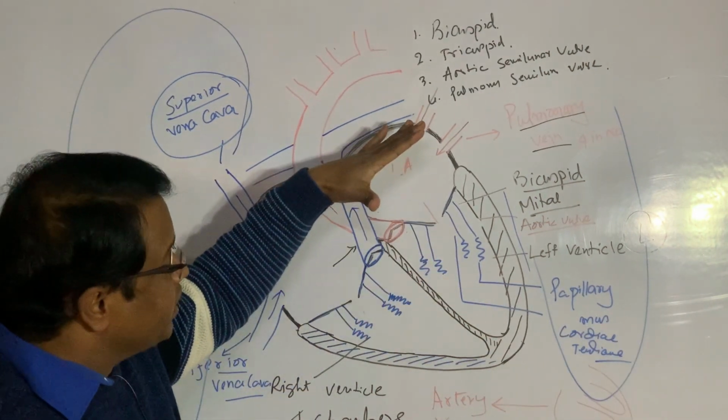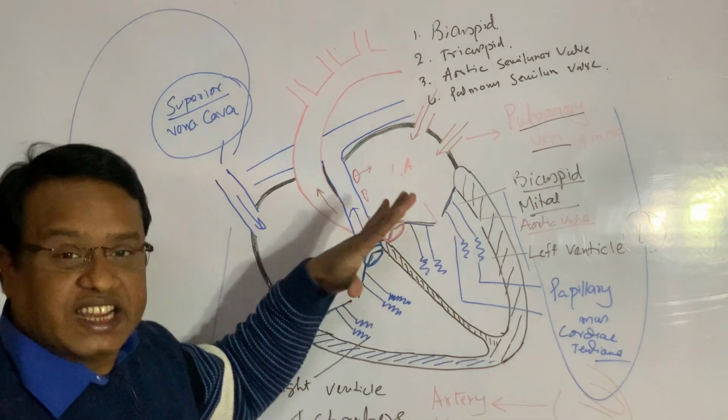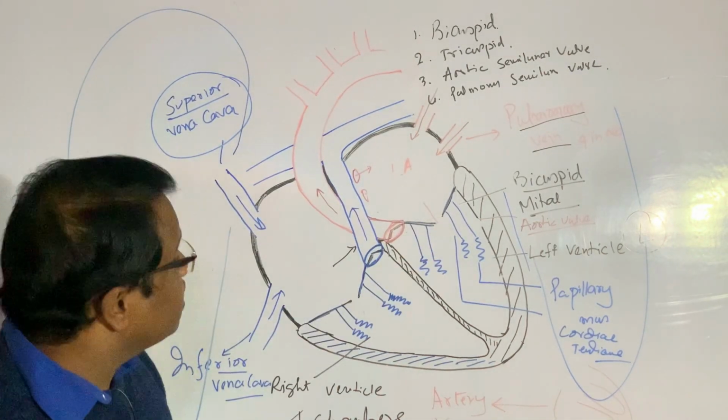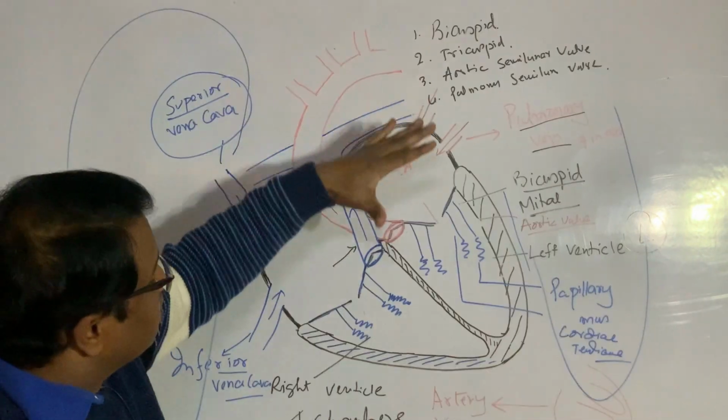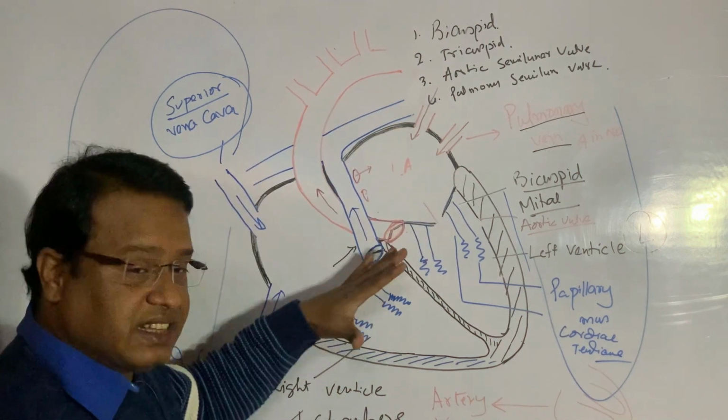Now I am going to explain one cardiac cycle and circulation through the major vessels and chambers.